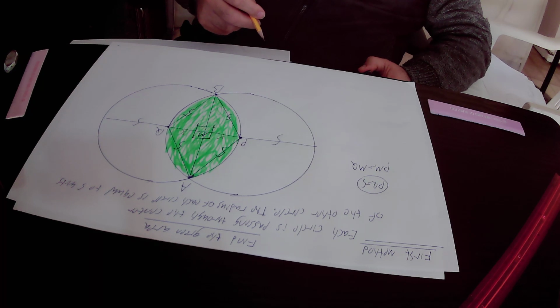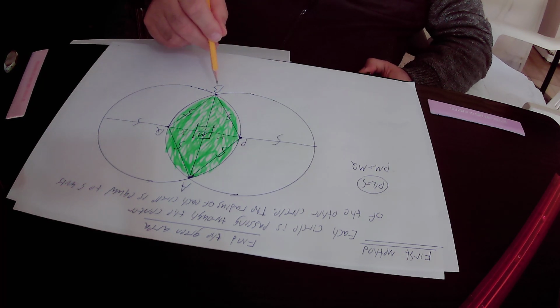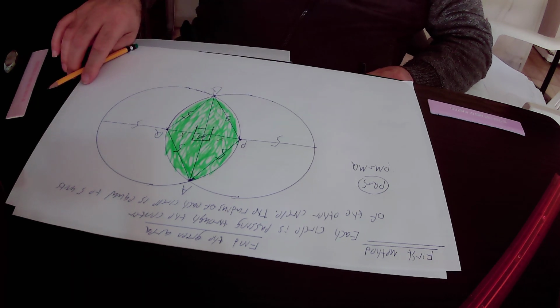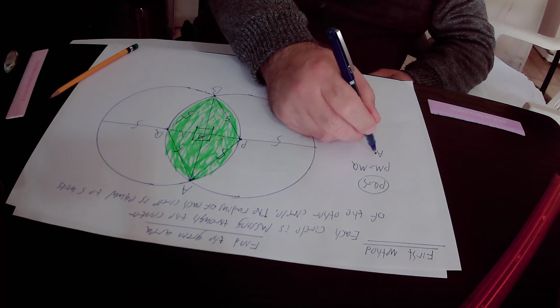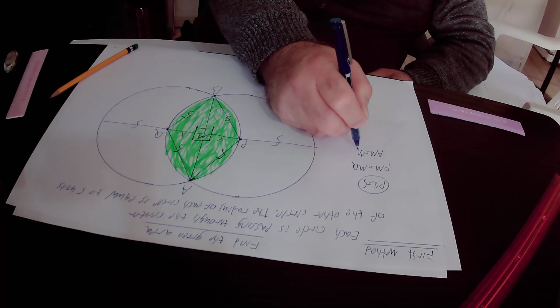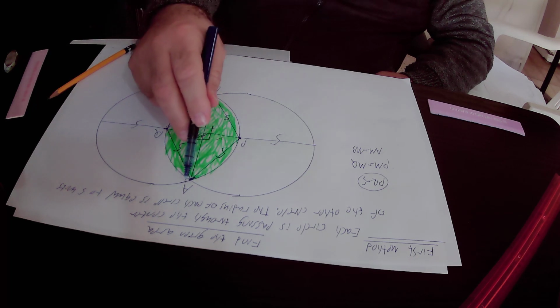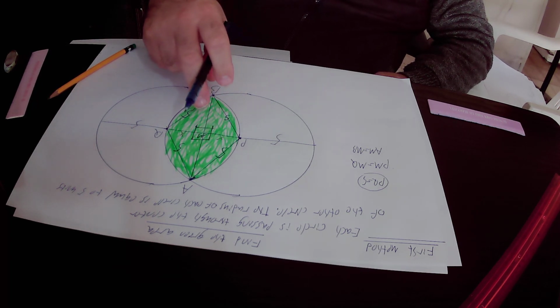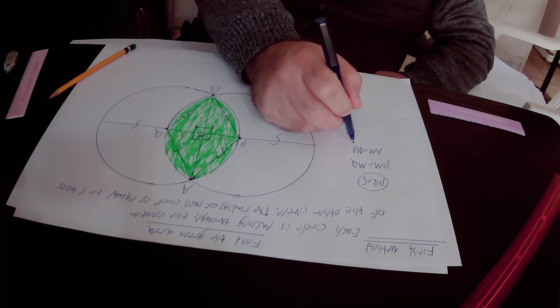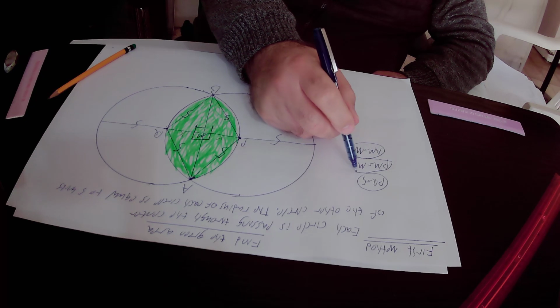And we also know that the diagonal PQ bisects diagonal AB, that is to say AM equals MB, because the diagonal PQ bisects diagonal AB. AM equals MB and PM equals MQ.